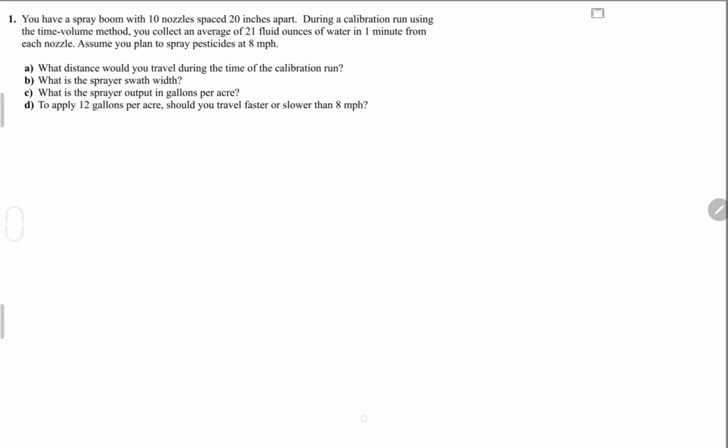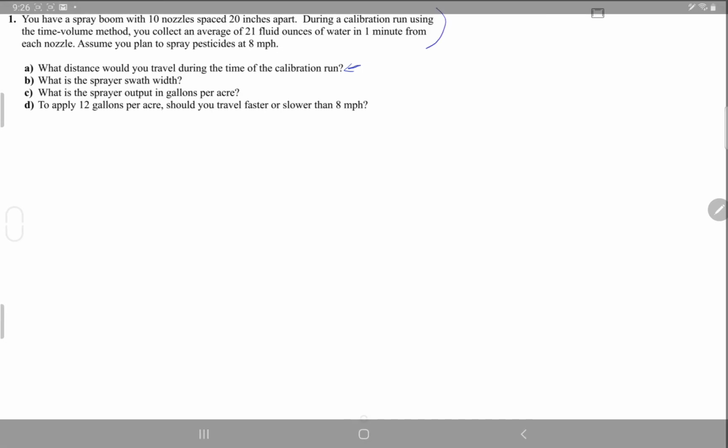And so part A of this question is starting us down this path of trying to get to the area. And so the question is, what distance would you travel during the time of the calibration run? And so this isn't actually specified in this problem.